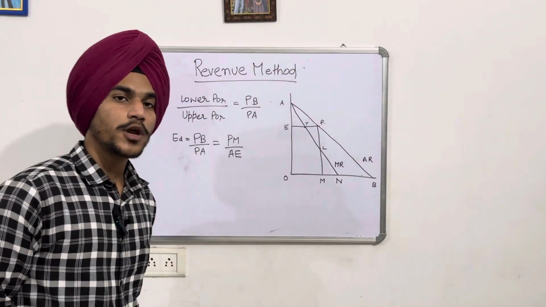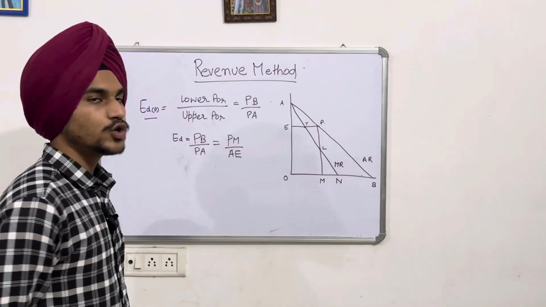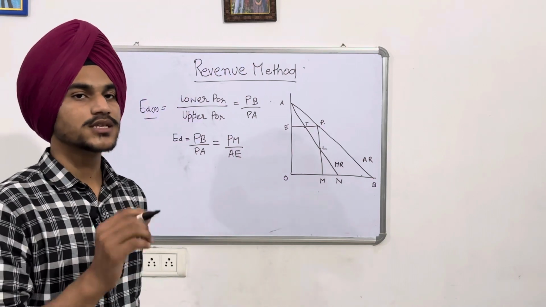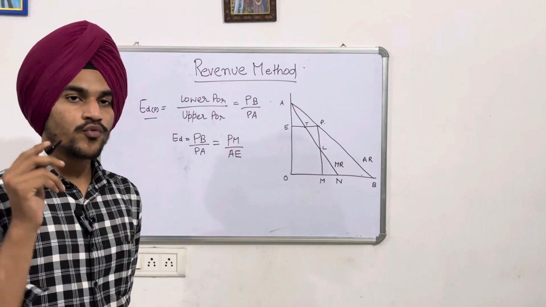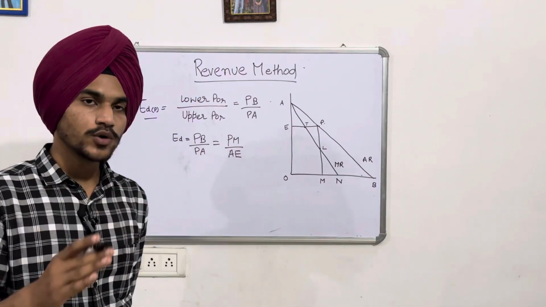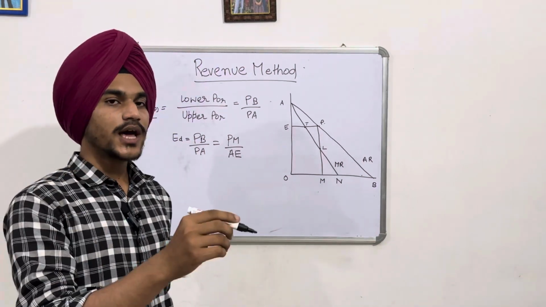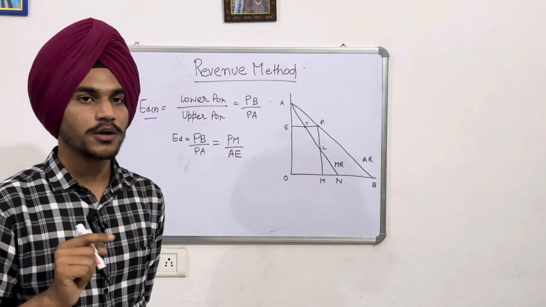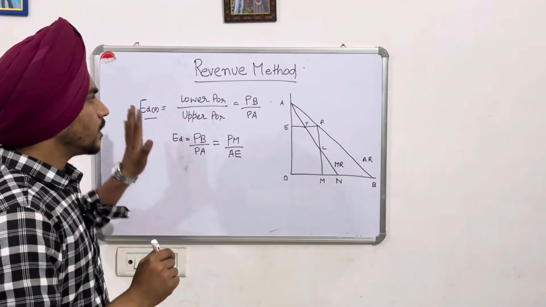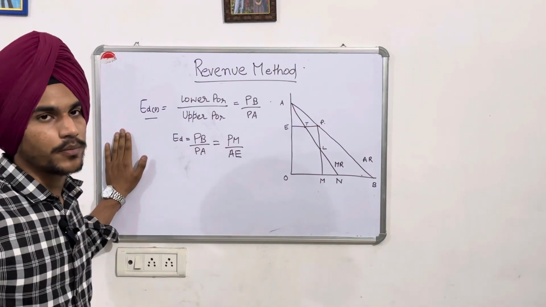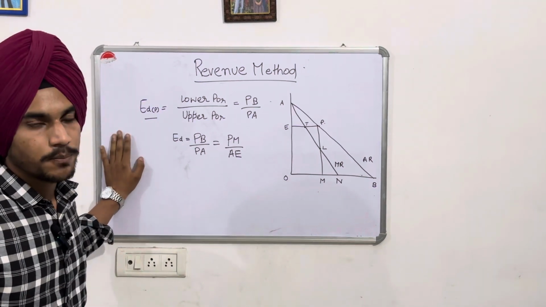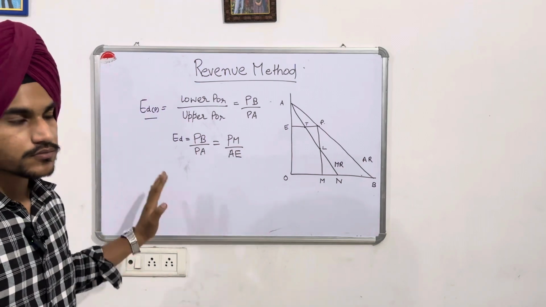So here is one more important method, that is the revenue method, to find the price elasticity at any point. Point to remember here is we use this method to calculate the price elasticity at any point on the demand curve. Revenue curves are very important in economics. We will read about them in upcoming chapters.